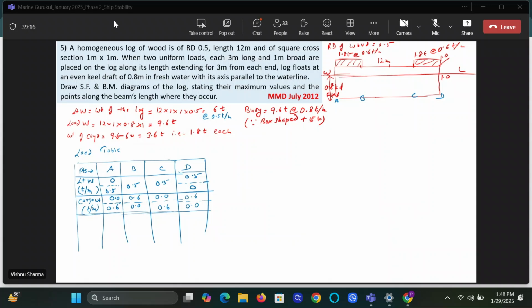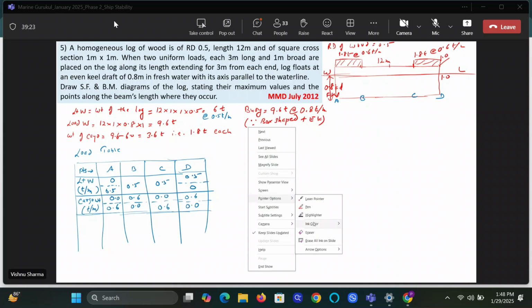Please correct me if I'm making any mistakes. There could be chances that I may also miss out something. Is the cargo correctly captured, class? Correct, sir. Okay.